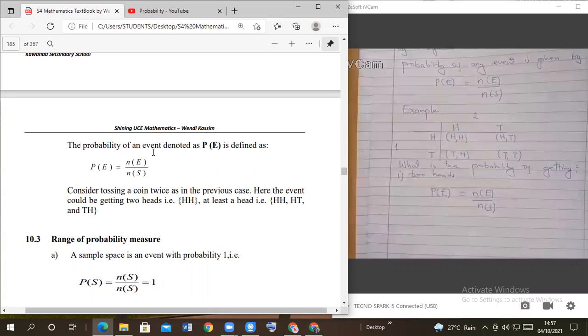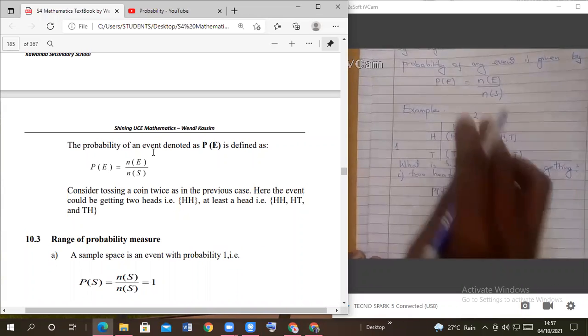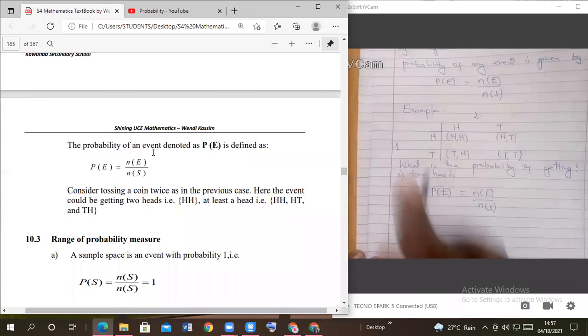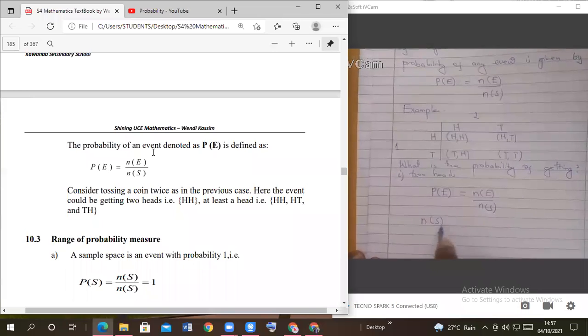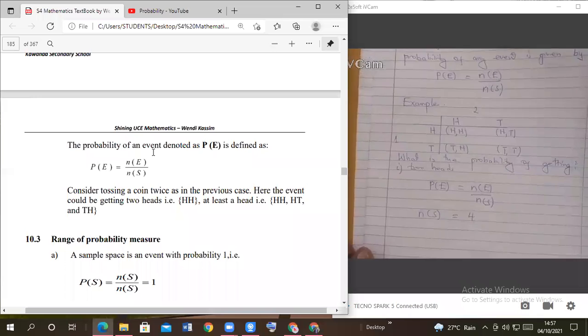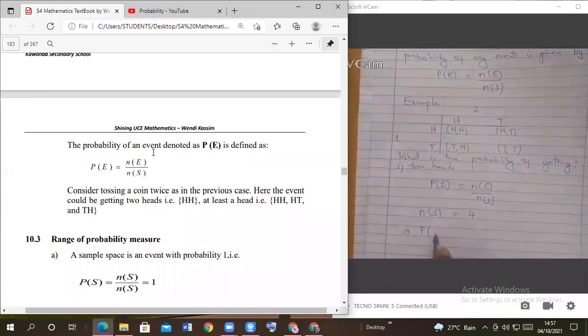So here, what is our event? Our event is that we must get 2 heads. That's the sample point of interest. So what is our sample space? From here, our sample space is 4.